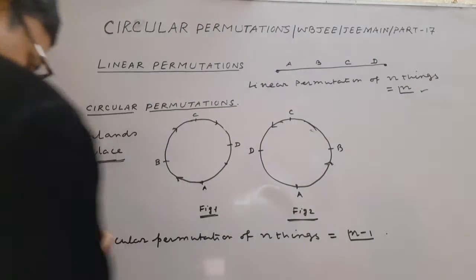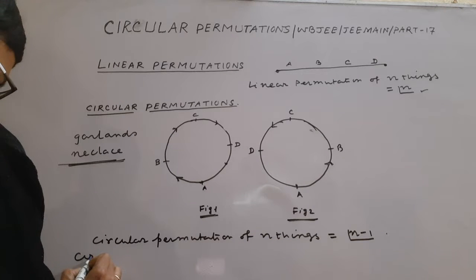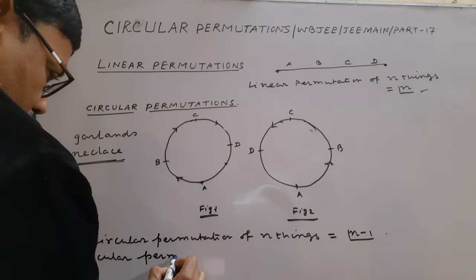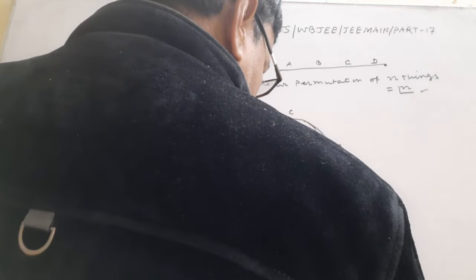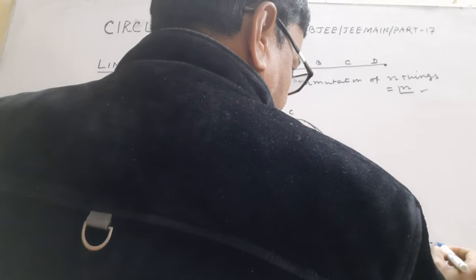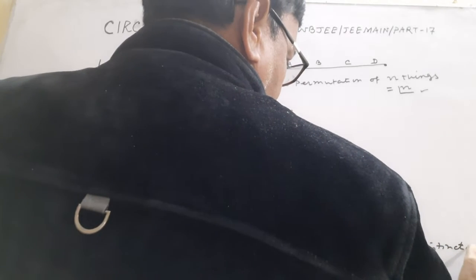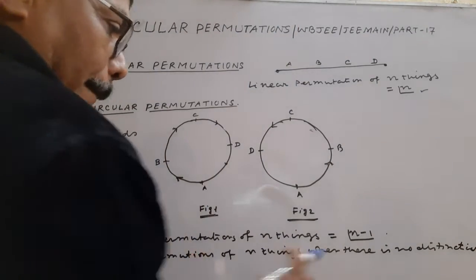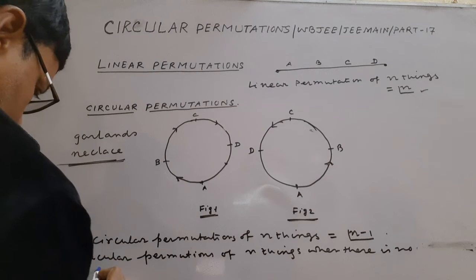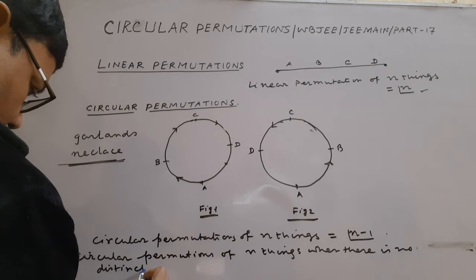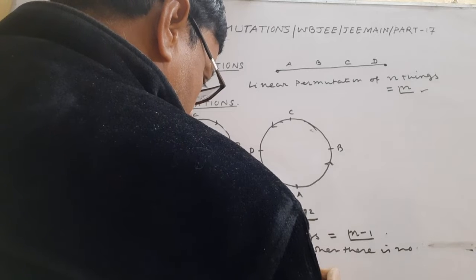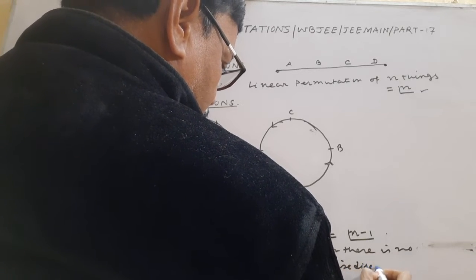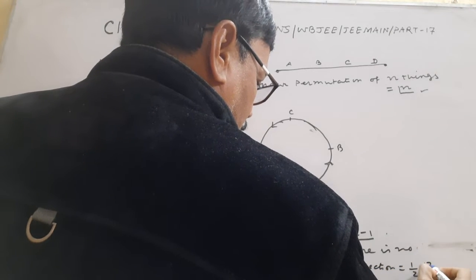So in this case, the circular permutations of n things, when there is no distinction of clockwise and anti-clockwise direction, equals half of factorial n minus 1.